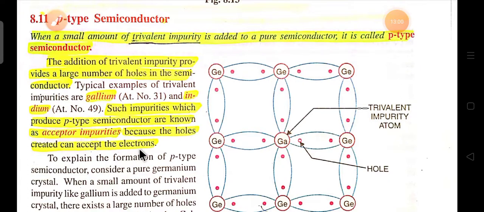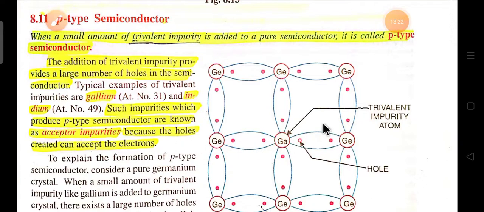That means the trivalent impurity provides holes to the semiconductor and the holes accept electrons. Due to this, these impurities are also called acceptor impurities.